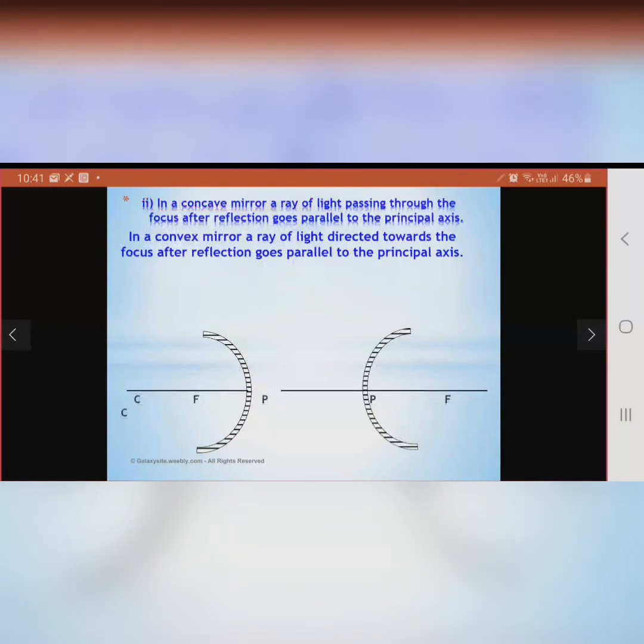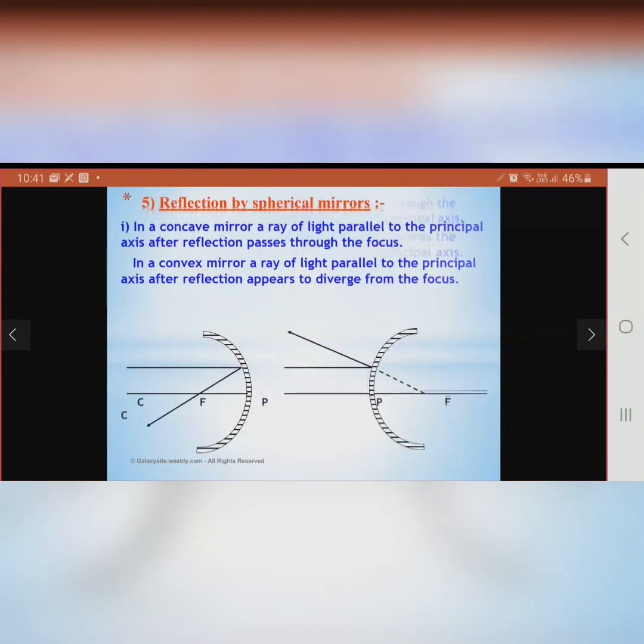Now let's come to rule number 2. Rule number 2 for a concave mirror, and this is for a convex mirror. So in the first rule, what was it? The ray was coming towards the mirror, parallel to principal axis, passing through the focus. For the next rule, just simply change the path of the ray.